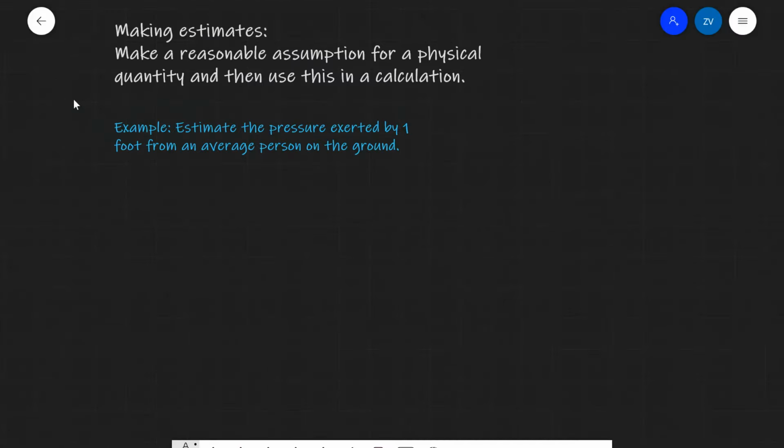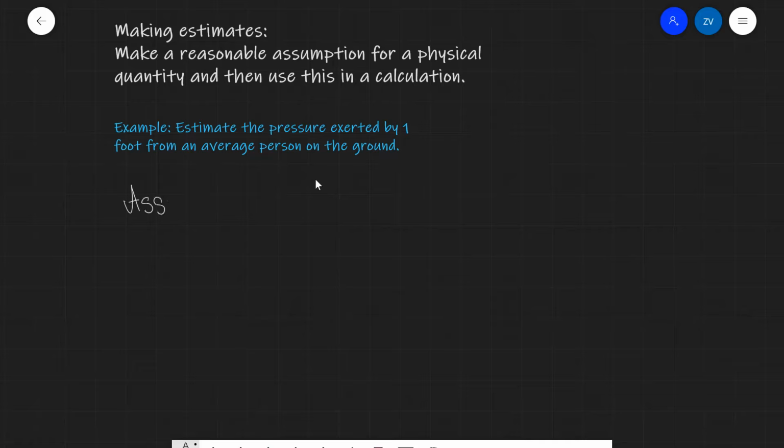Now, a really important part of physics is making estimates. Those involve making a reasonable assumption for a physical quantity or two and then using this in a calculation. Let's have a look at an example. Estimate the pressure exerted by 1 foot from an average person on the ground. We are not given almost any information in this question, so this means that we must make quite a few assumptions. So let's just write down our assumptions here.